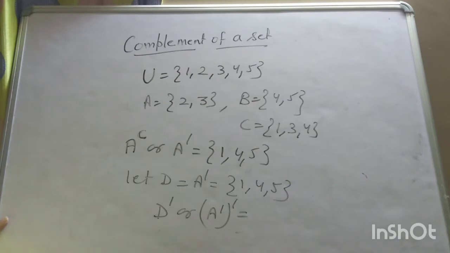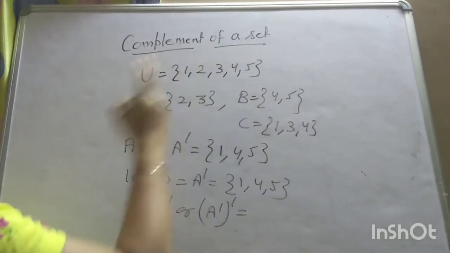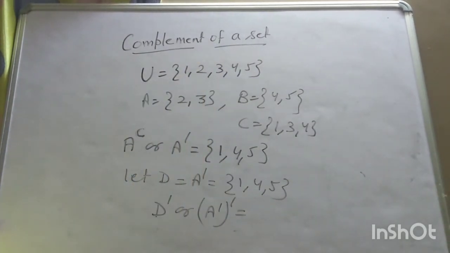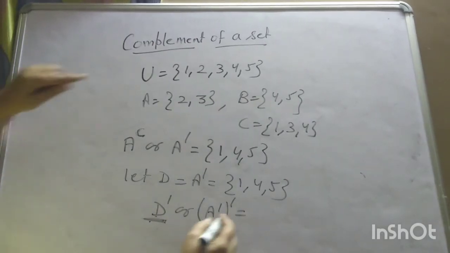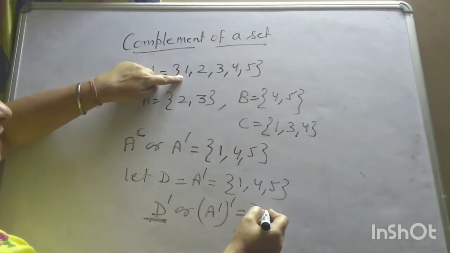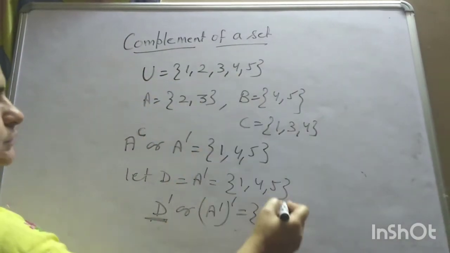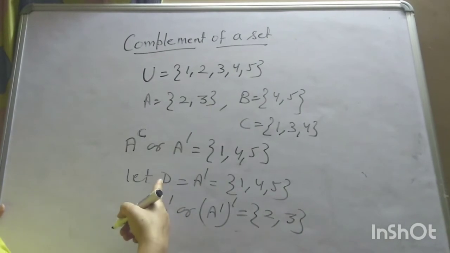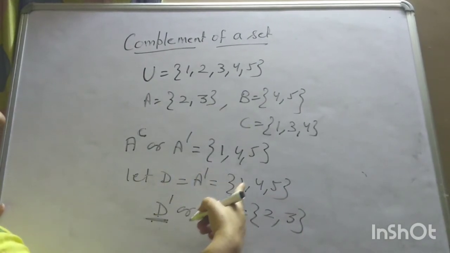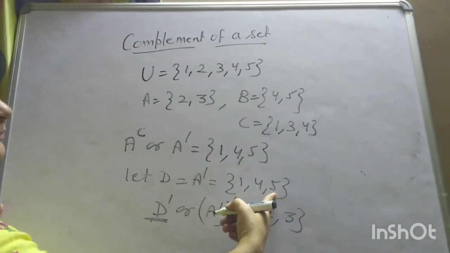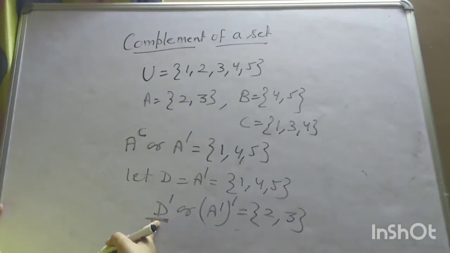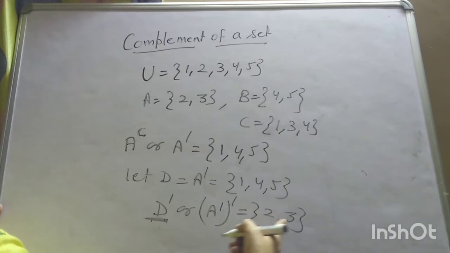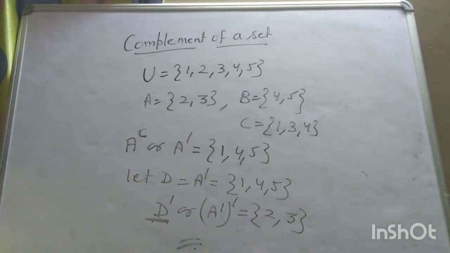Again we have to write the elements of the universal set, and we have to leave the elements of set D. It means we will write 2, 3, because in set D 1, 4, 5 are present. So D complement is 2, 3.